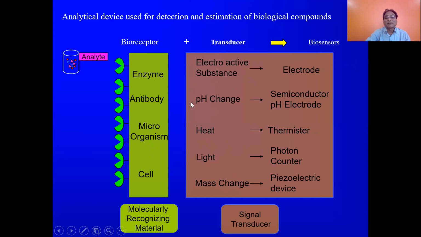This is the device which will be responsible for converting pH into electrical signal, heat into electrical signal, light into electrical signal, mass change into electrical signal. Accordingly, it can be a semiconductor pH electrode, a thermistor, a photon counter, or piezoelectric devices.